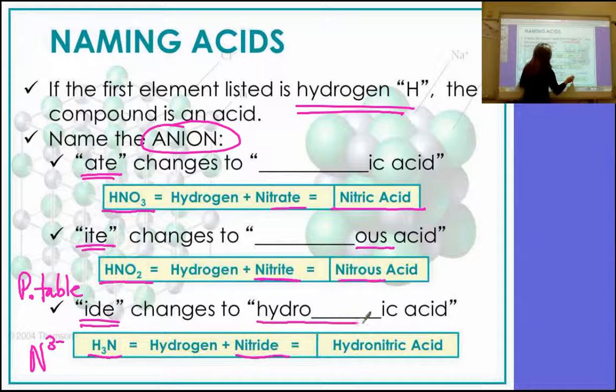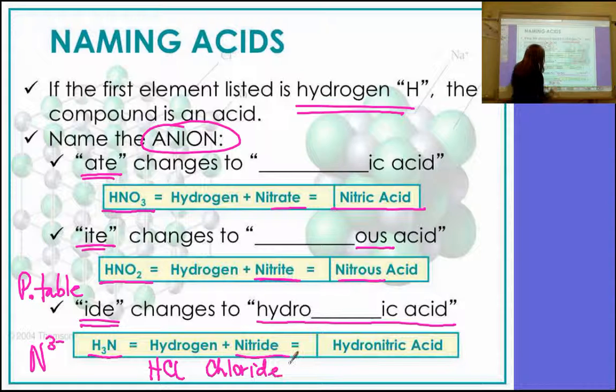Nitride changes to hydronitric acid. Ide changes to hydro-ic acid. So the one that we use a lot in the lab, HCl, is chloride, which is why its name is hydrochloric acid.